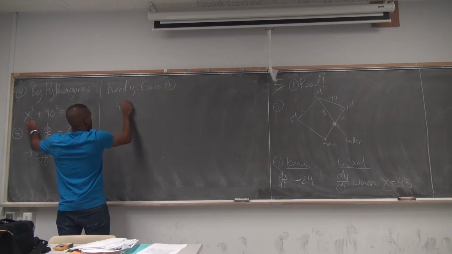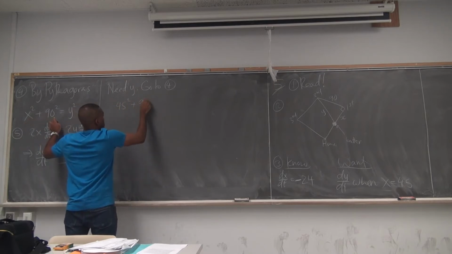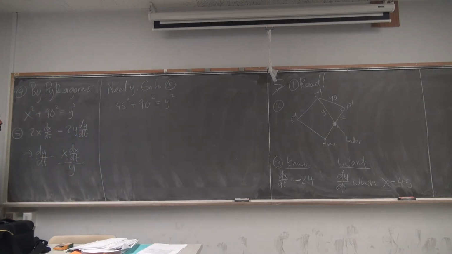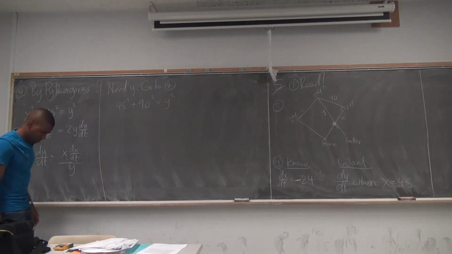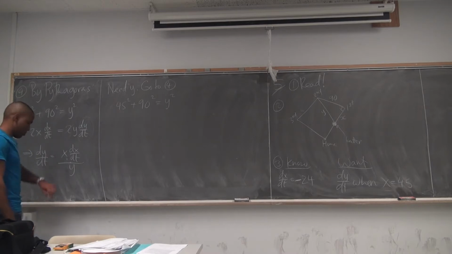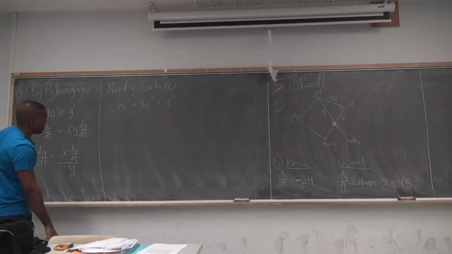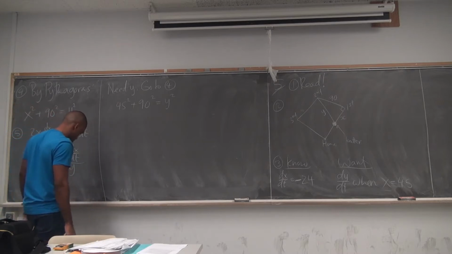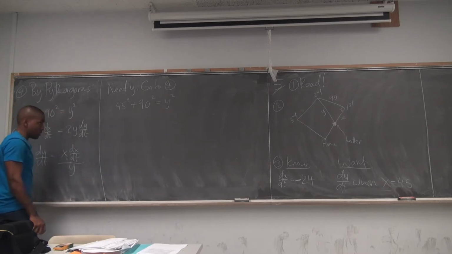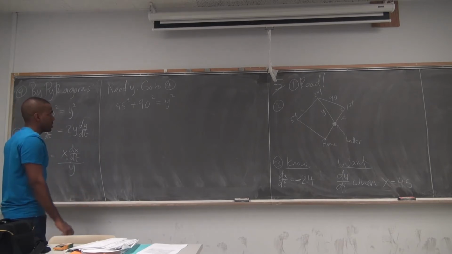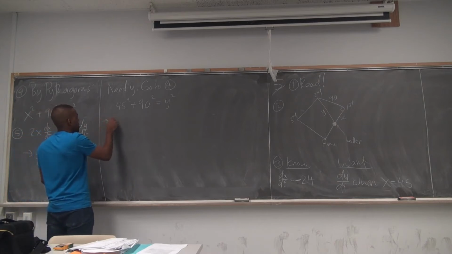X is 45. Okay, what's y? It's not a special triangle. It's not a 3, 4, 5 or a 5, 12, 13. So just kind of have to do this the old-fashioned way.